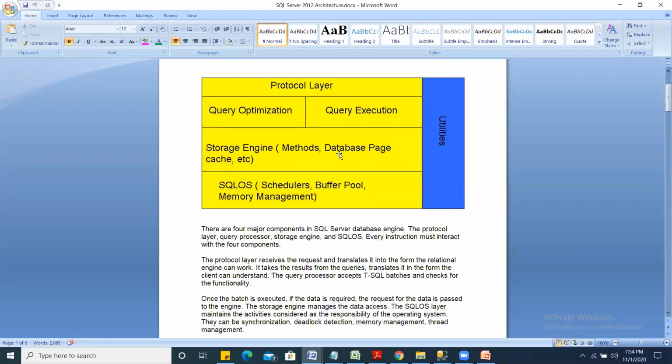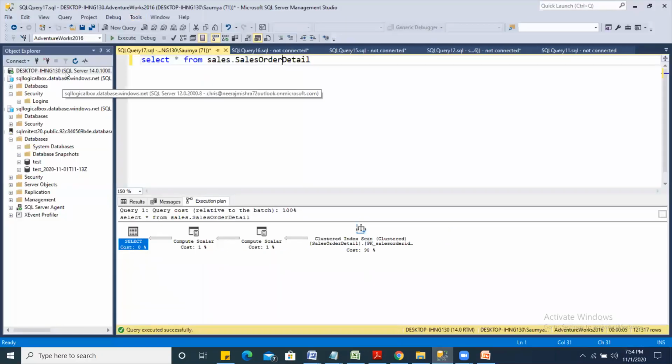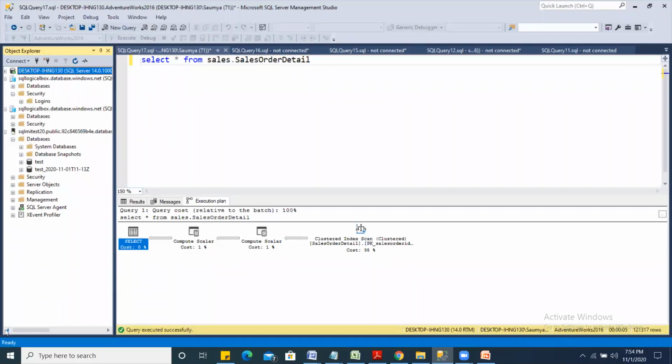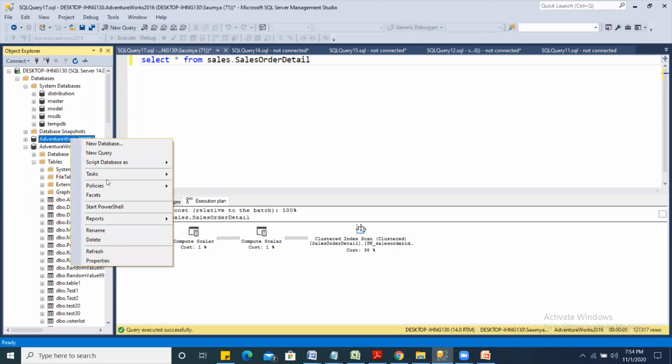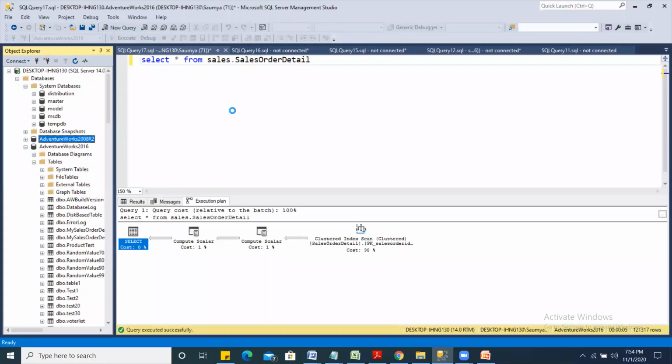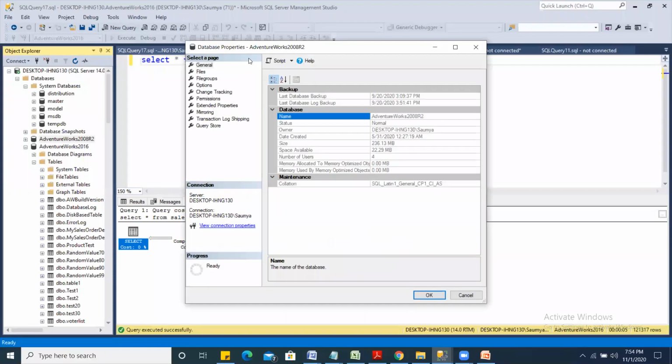A storage engine allocates pages in terms of extents to databases. So storage allocation for pages is done at two times. For example, let us check the data file and log file for a sample database here.